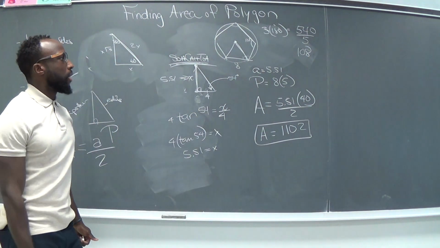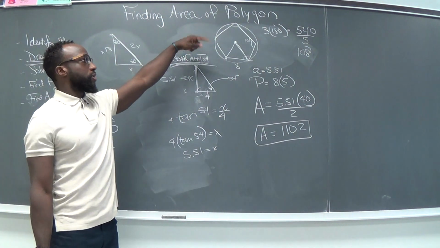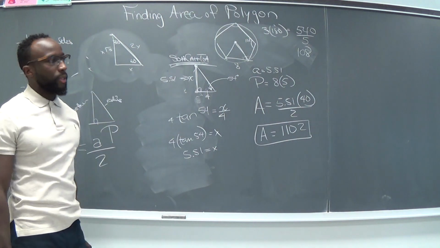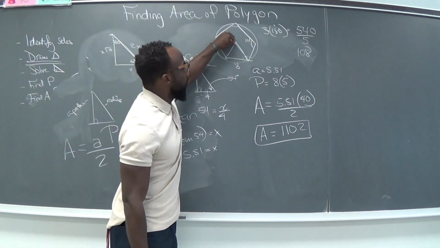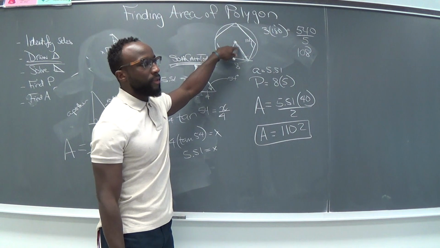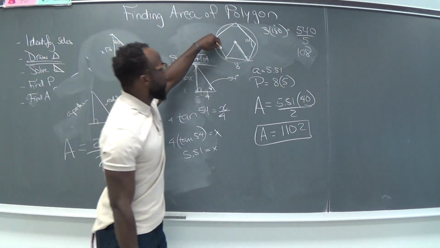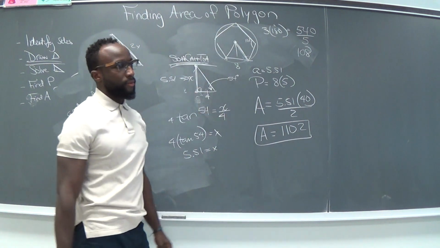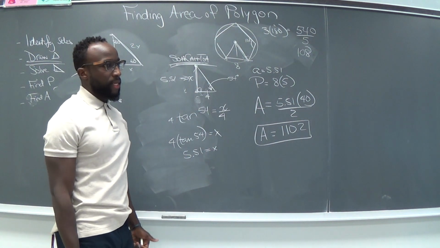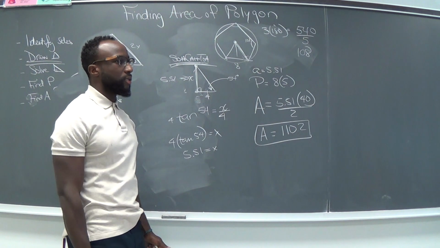Sometimes they'll say the radius of the circle circumscribed. You know that the radius of a circumscribed circle would be the hypotenuse of the triangle. And if it's inscribed, the radius is going to be the apothem. Okay? That's just extra details.